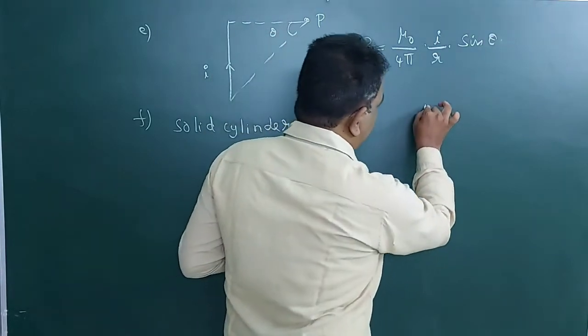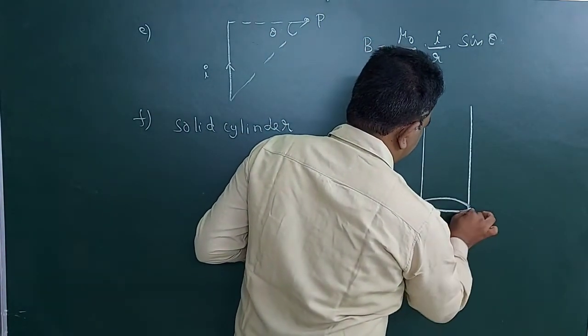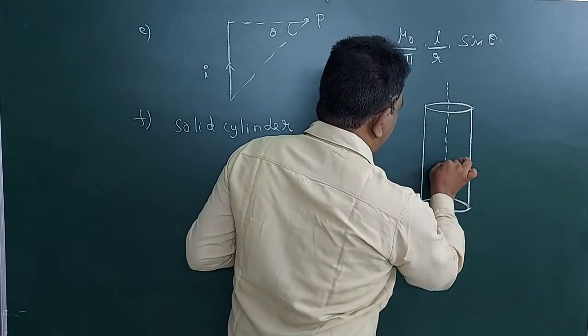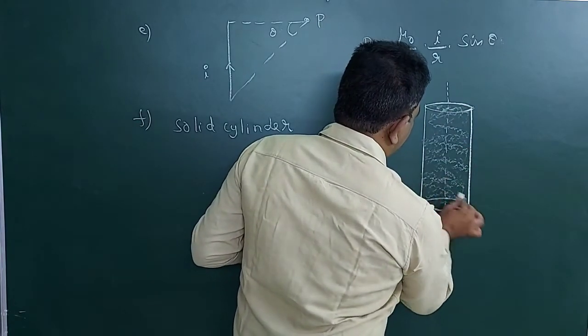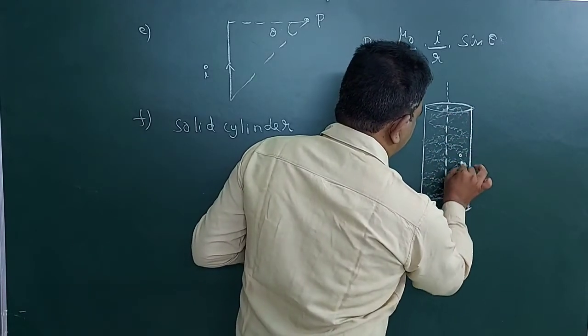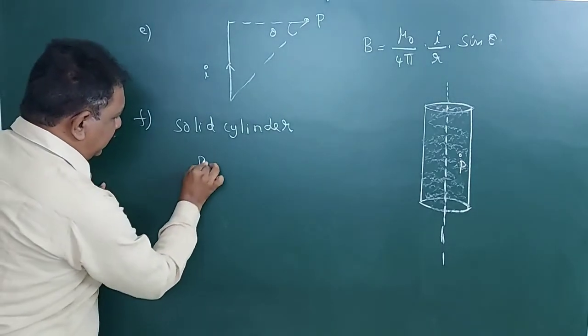This is one solid cylinder. This is the axis of the cylinder. Then the point is inside, B inside.